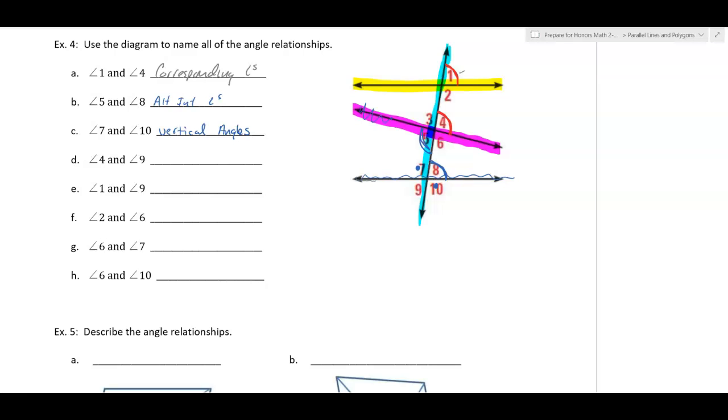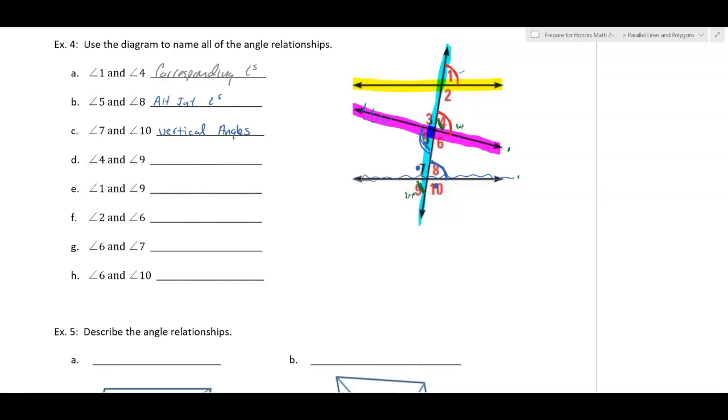4 and 9. When I look at 4 and 9, 4 is this angle here, 9 is this. So I'm going to use the purple line and the blue squiggly line, opposite sides of the transversal. If I cover up the yellow line, I notice this here would be an exterior angle.